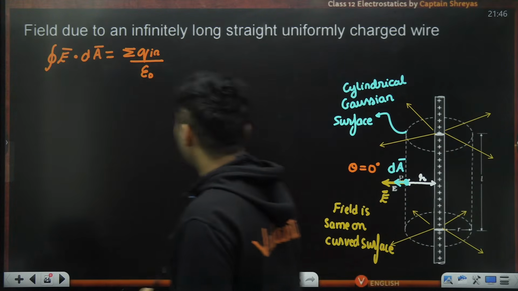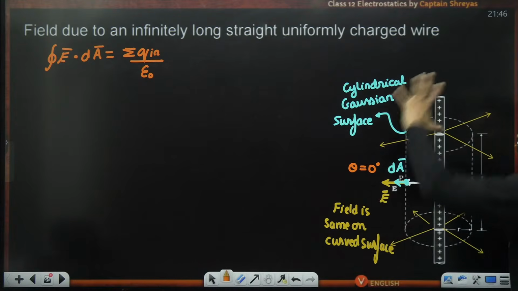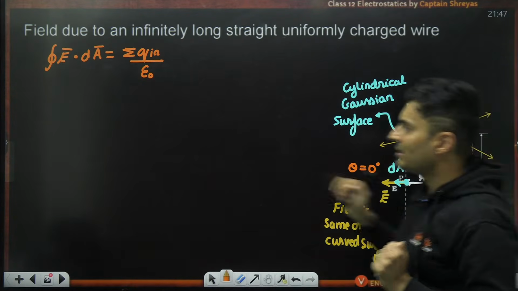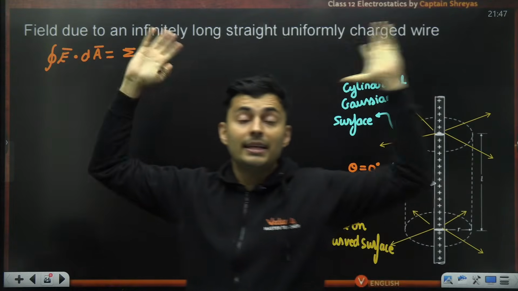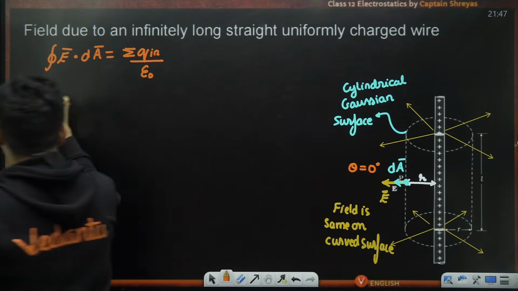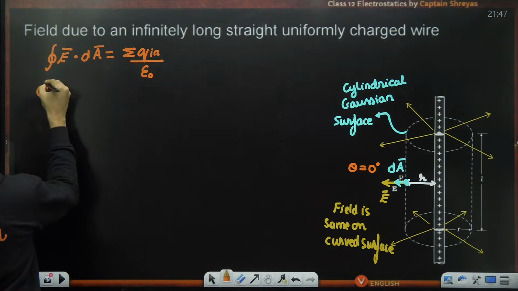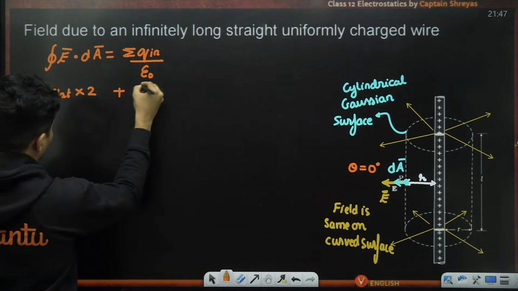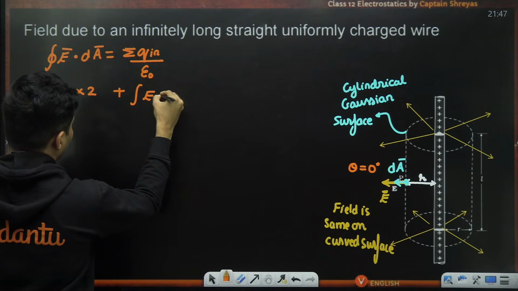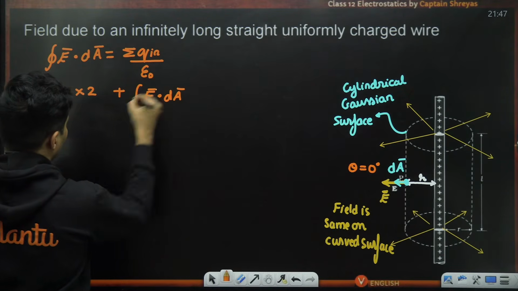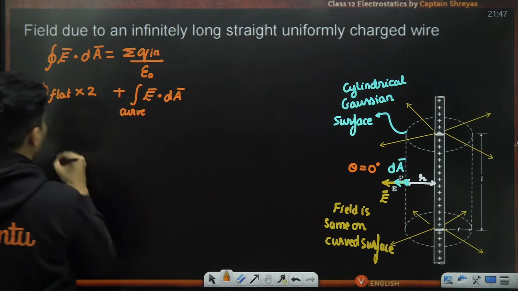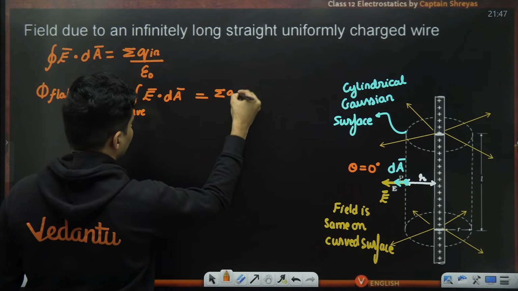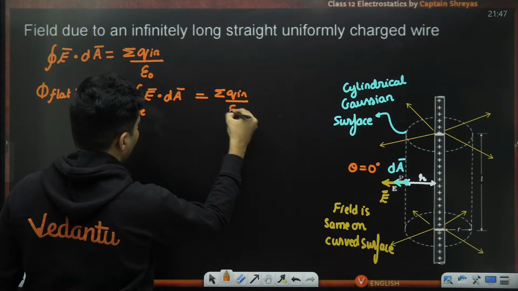Think about it carefully. This total flux will be the flux of the curved surface and the two flat surfaces. So the closed integral means the net cylinder. It is the flux of the flat surfaces, there are two such, plus the integration of electric field dot area vector only for the curved part, and this is the inside charge by epsilon naught.